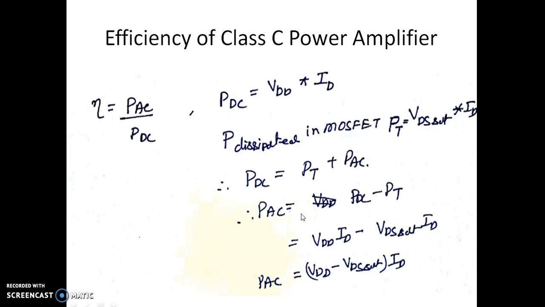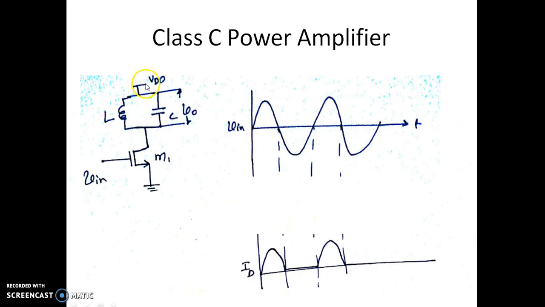Now, out of the entire power consumed from the power supply, which is PDC, some of the power is dissipated in the LC component, and some is dissipated in the transistor, the MOSFET. So PDC should be equal to the AC power dissipated in the LC plus the power dissipated in the transistor. We don't know exactly what the power dissipated in the LC is, but we know PDC and the power dissipated in the transistor.